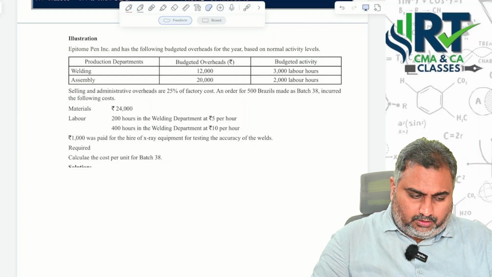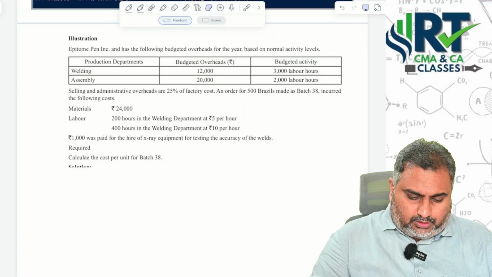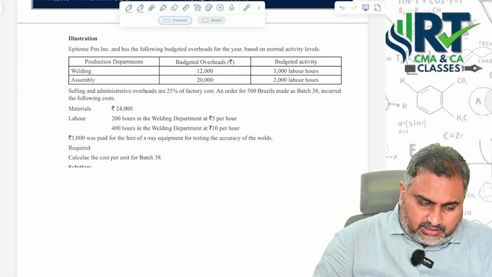Now we are supposed to calculate cost per unit of batch number 38.